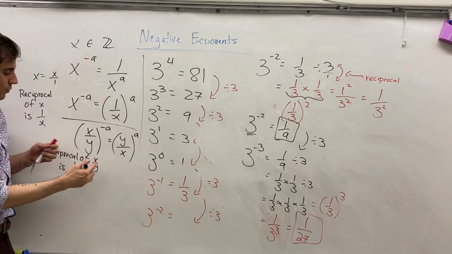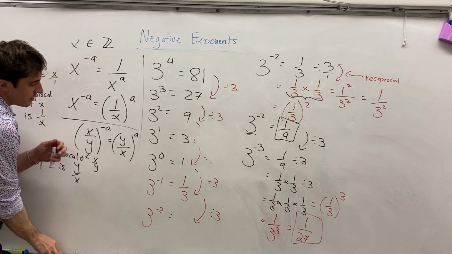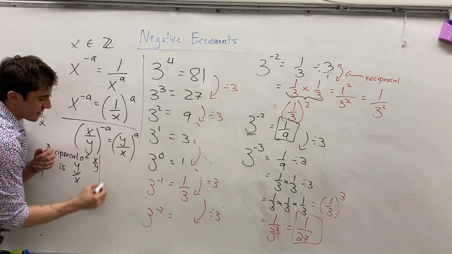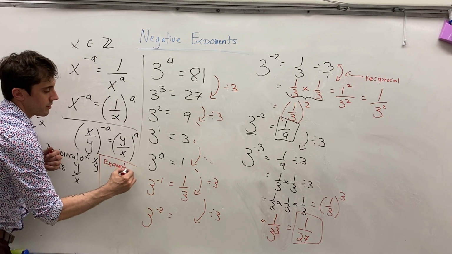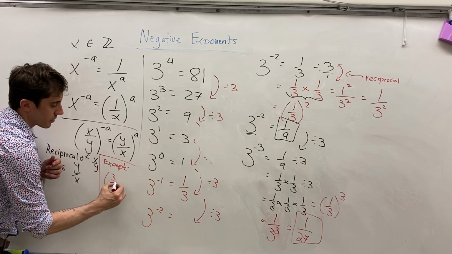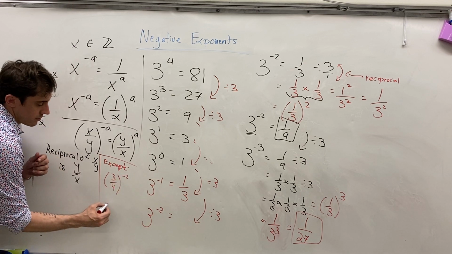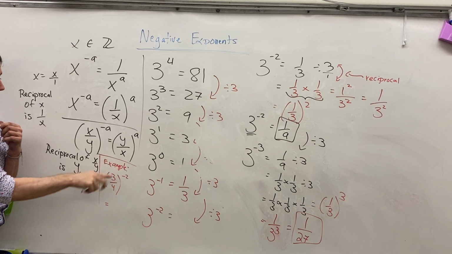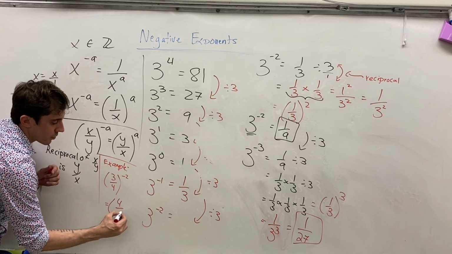Okay? And so to give you one example of a fraction that would follow this rule, if I gave you 3/4 to the power of negative 2, then we can take the reciprocal of the base. The reciprocal of 3/4 is 4/3. So this would be written as 4/3.